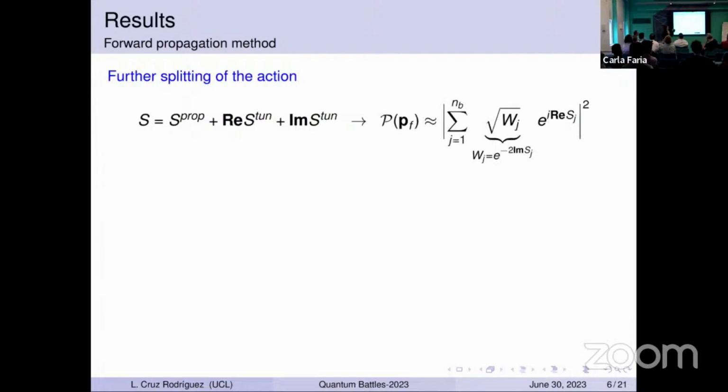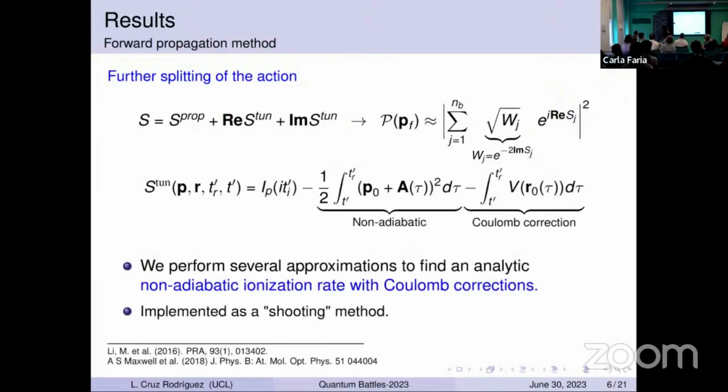This is what the standard propagation methods like semi-classical cluster model and quantum trajectory do. And the main difference that we have with the implementations of these methods is how we calculate the rates. We approximate the rate from the tunneling part of the CQSFA action.